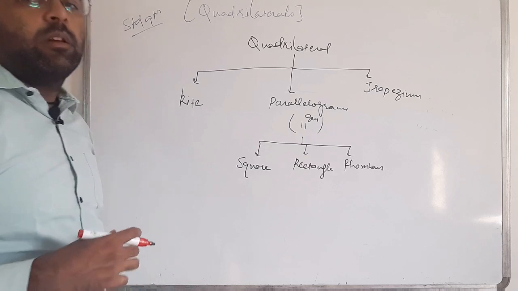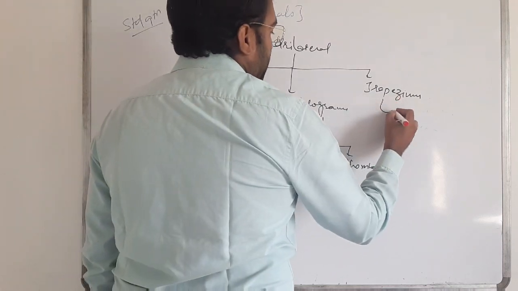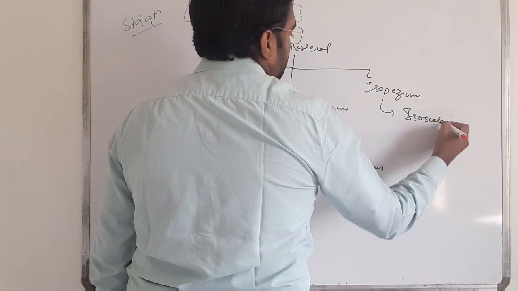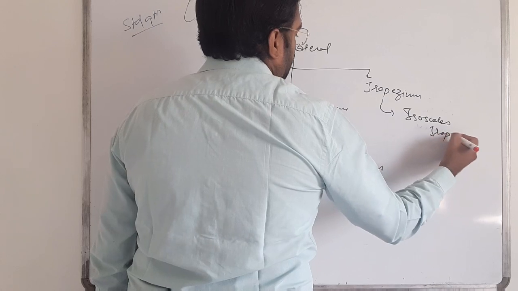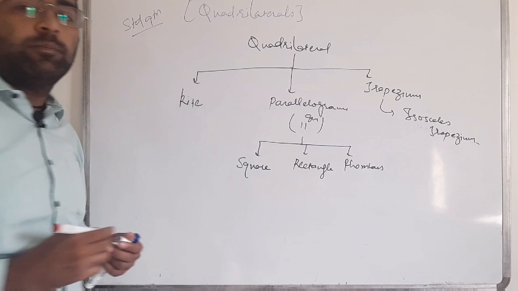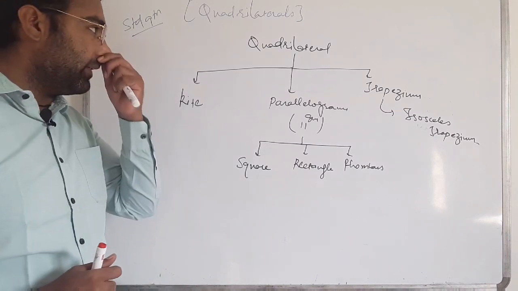And the trapezium has a type, that is the isosceles trapezium. So this is the chart for the quadrilateral.